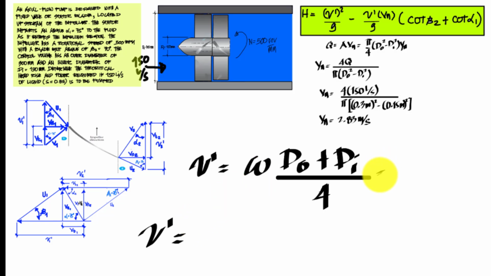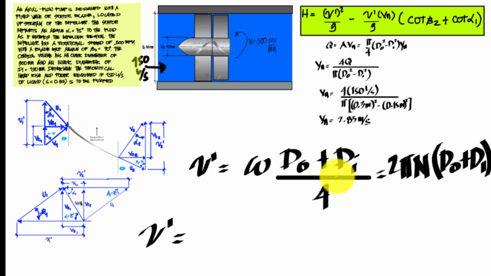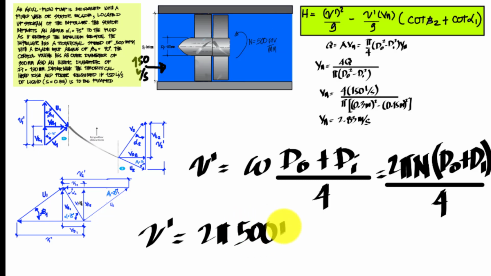So let's express this one as 2 pi n, times my outside diameter plus your inside, divided by 4. So we have here 2 pi, and your n, how much is that, 500. So this is 500 revolutions per minute.